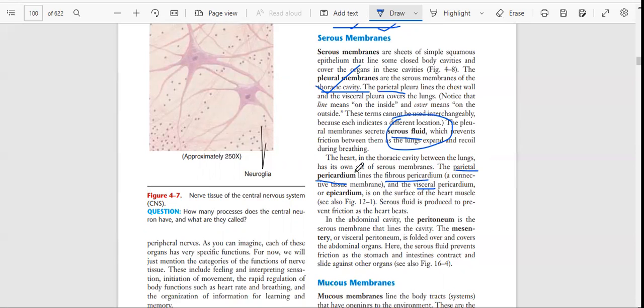Both are made up of connective tissue, fibrous pericardium. In between we have serous fluid. It also prevents friction when the heart beats.